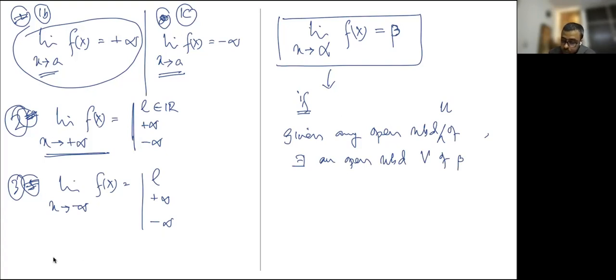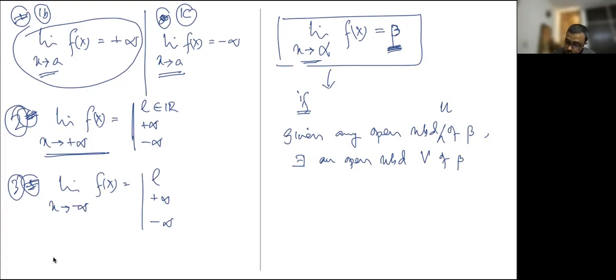That means what we want is the following, that by bringing x close to alpha, we can make f(x) get close to beta, as close as one wants, which means given any small open neighborhood of beta, so this is for beta, not for alpha, this is what would be given to us. This is something over which you won't have any control. This would be given to us.